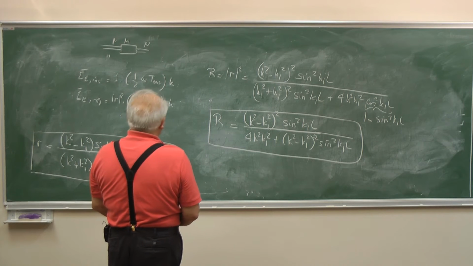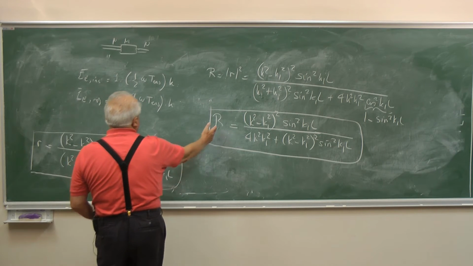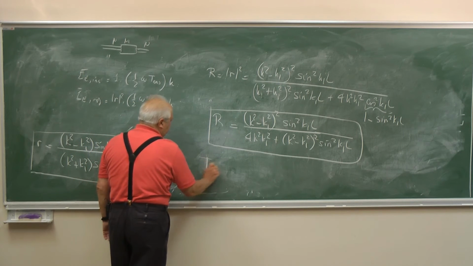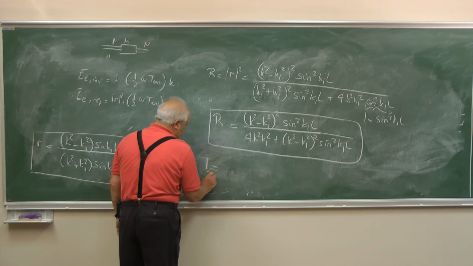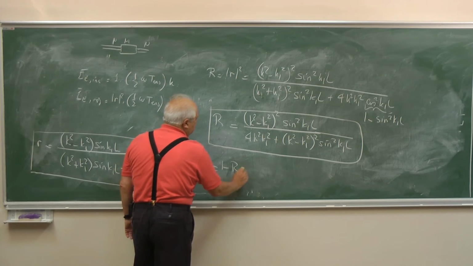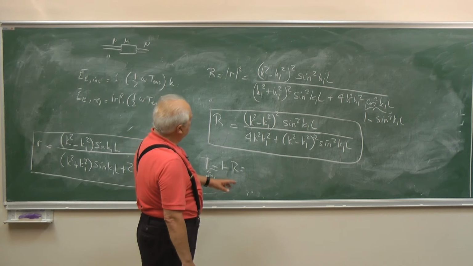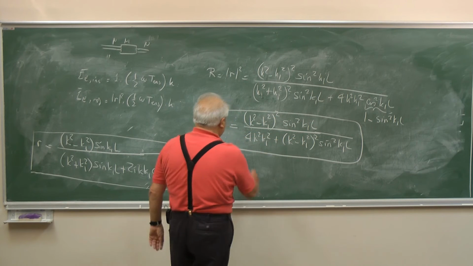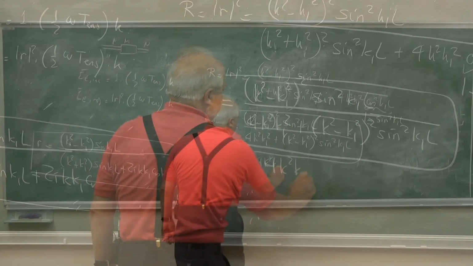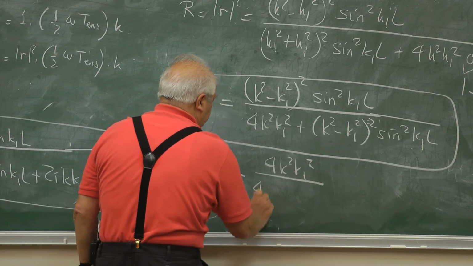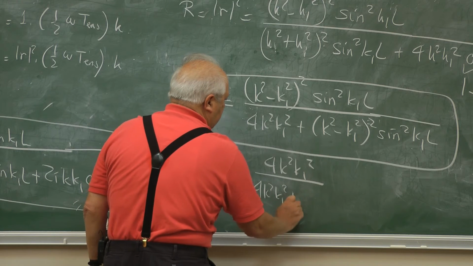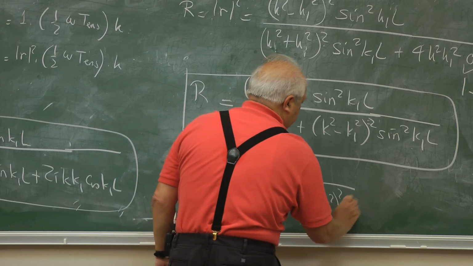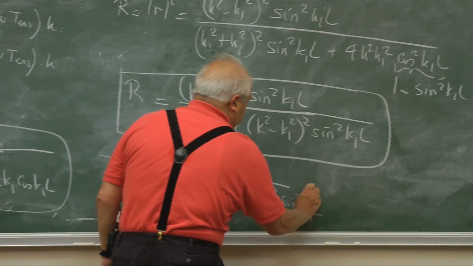Now, I will claim if this is the reflection coefficient, then the transmission coefficient is 1 minus R, and 1 minus R is easy because this term is just that term. So this gives me 4 k square k1 square over 4 k square k1 square plus k square minus k1 square square sine square k1l.